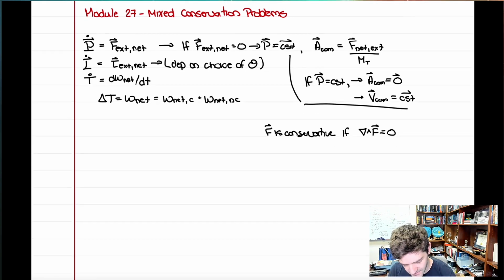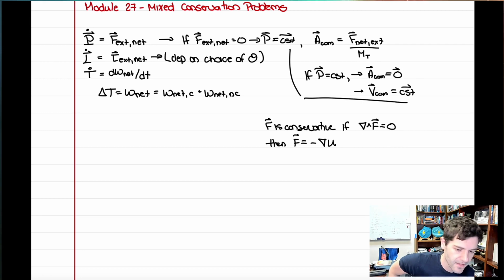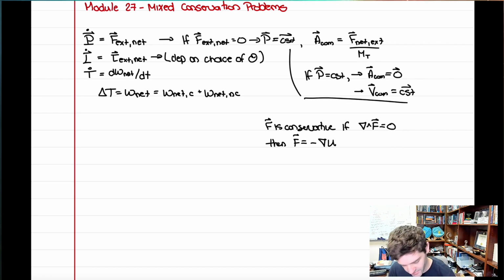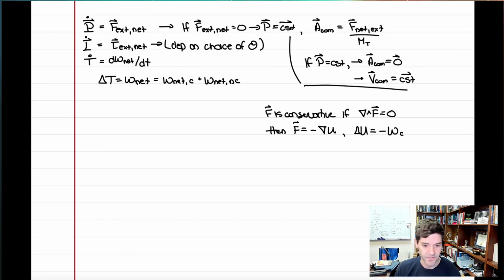In that case, then that is a conservative force. If it's a conservative force, then F can be written as negative the gradient of some function that we call the potential energy, such that the change in potential energy is equal to negative the work that's done by that conservative force.